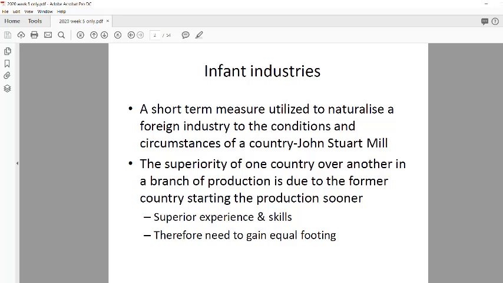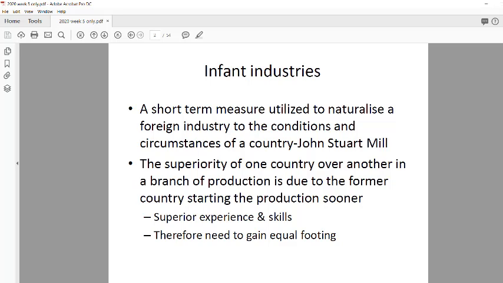So here, countries that existed before and were already in the market have superiority just because they started this production earlier than you. So in essence, you want to protect your industry by imposing tariffs on the foreign goods, or on the same good that is entering your market, to allow you to catch up to this process.